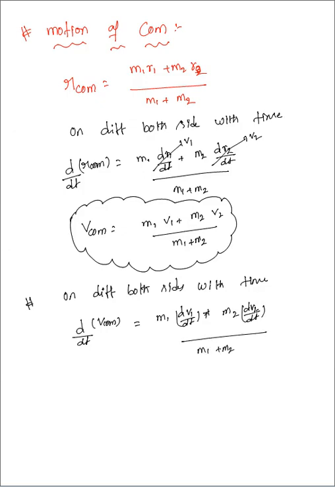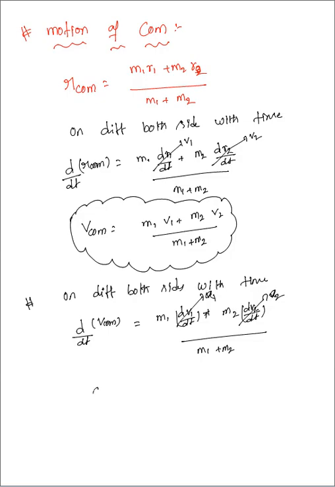The rate of change of velocity is nothing but acceleration, so this becomes acceleration 1 and this becomes acceleration 2. So what can we write?